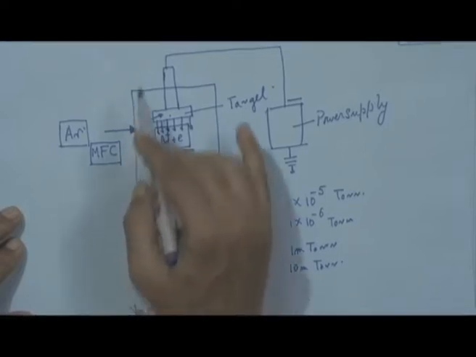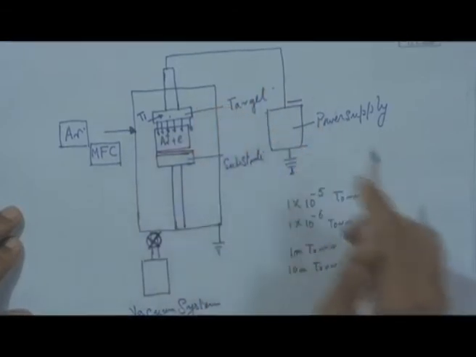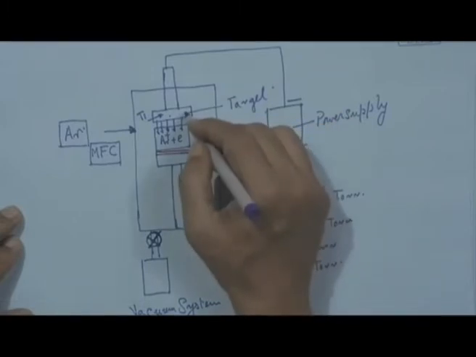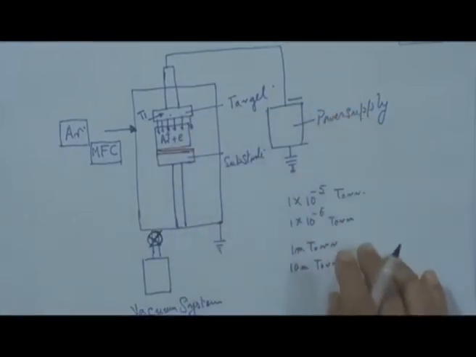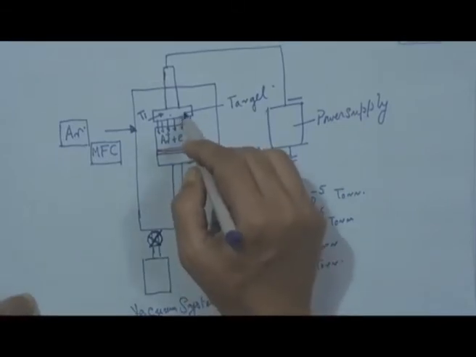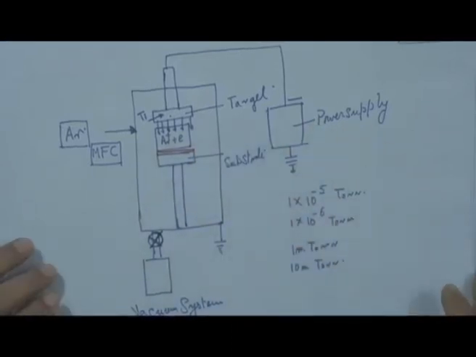The pressure is controlled by this throttle valve on the downstream side. So, there should be one pressure sensor continuously monitoring the pressure, and we have to have some polarization of this target and a power supply. With all this, one would expect sputtering from this target surface and deposition on the substrate.